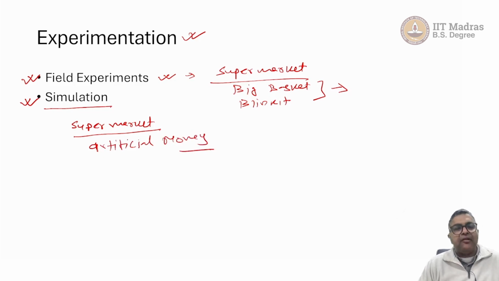You can keep track of which items they are buying, and of course, when you are keeping the items, you will vary the attributes, the features, and the prices, and you will see the response. So simulation can also help you give the demand curve. So these are some basic ways.